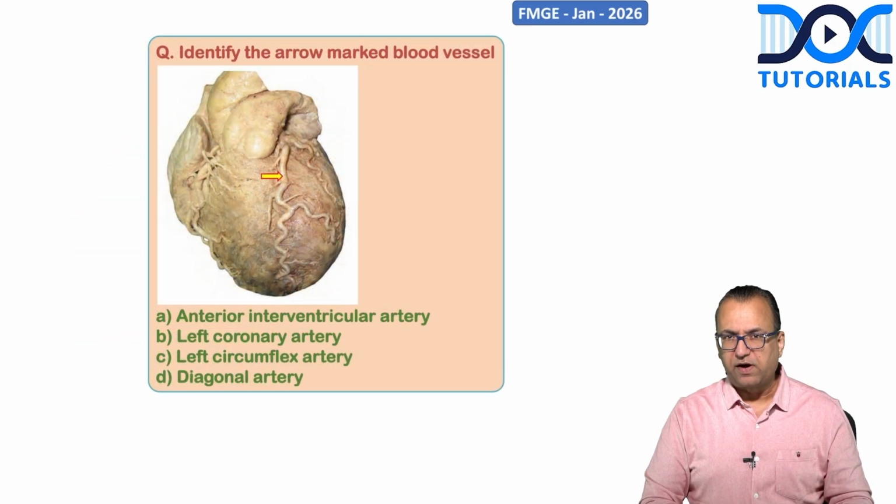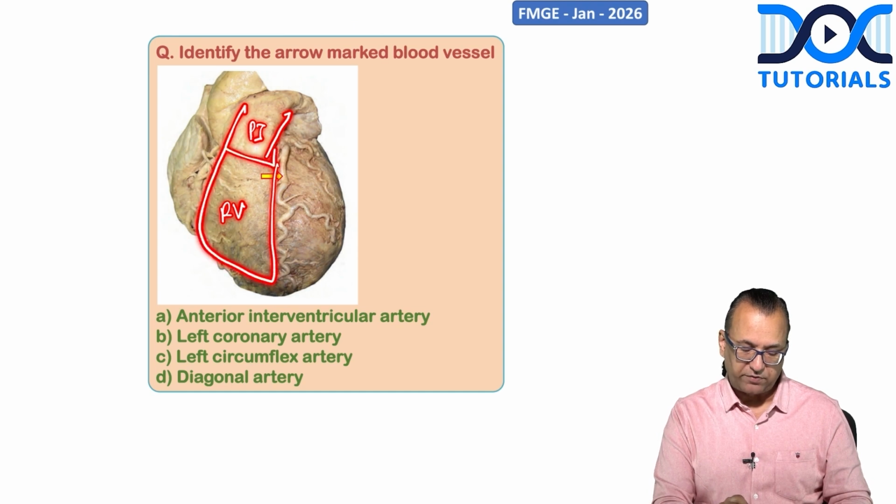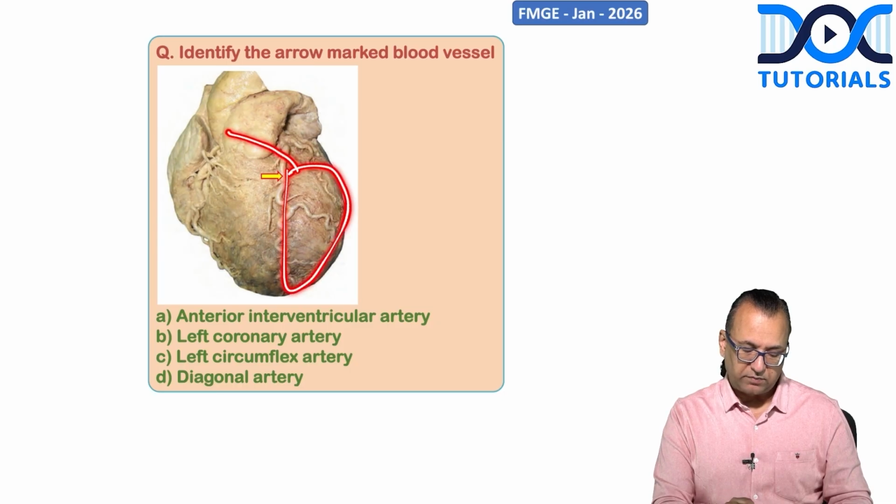Front view of the heart, talking about the arrow marked blood vessel. You notice that this is the pulmonary trunk coming from the right ventricle. The left ventricle will be sending the ascending aorta, which will become the arch of aorta.